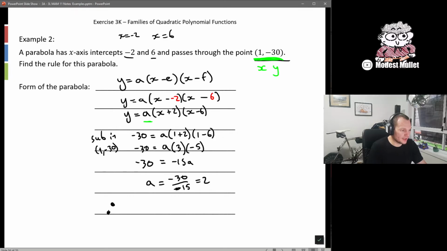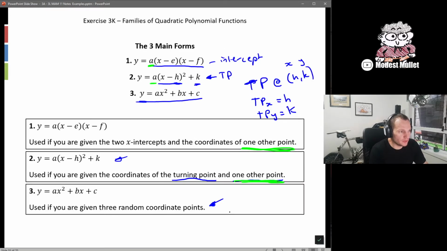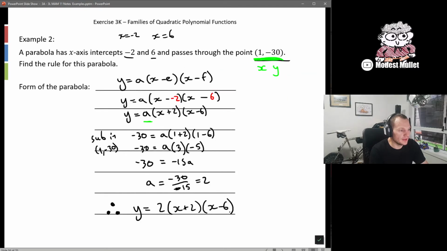So we can say at the end, these three little dot symbols mean therefore y is equal to 2(x plus 2)(x minus 6). So that's using some information we're given and knowing we can write quadratics a certain way, patterns that they have, we can figure out what the equation is.